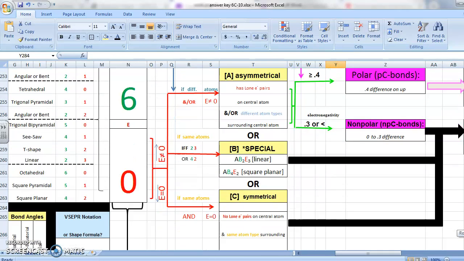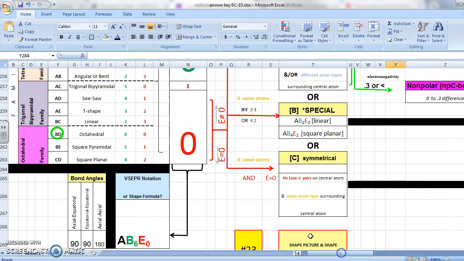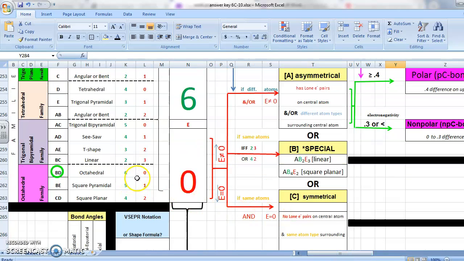The next thing we're asked for, number 23, what's the symmetry? Well, this should be pretty easy symmetry, we hope. It's a 6-0, so the E is 0. There are no lone pairs. When there are no lone pairs, we pop out of the lone pair column. No lone pairs, E equals 0. We come down here, and it is symmetrical, provided that we have the same type of atoms surrounding our central atom.